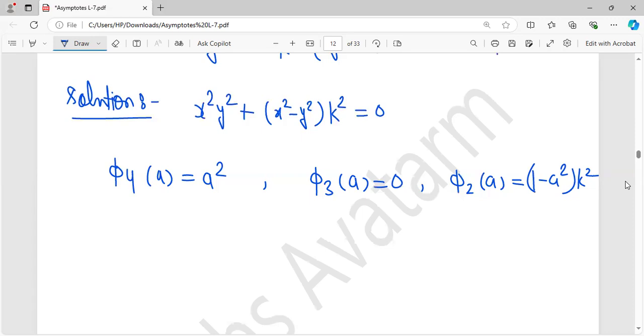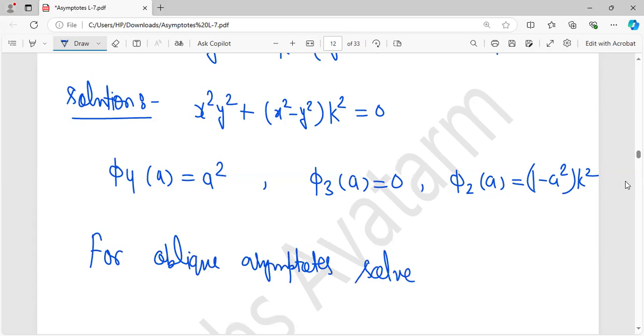So what about oblique asymptotes? Solve phi 4 A is equal to 0. It means A square is equal to 0. This means A is 0, 0.